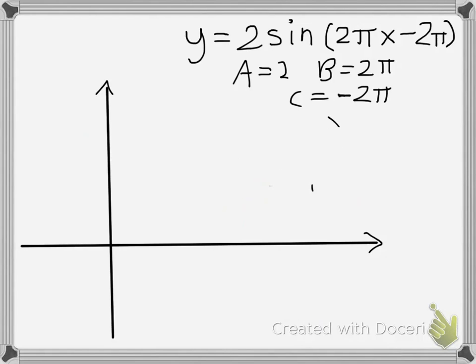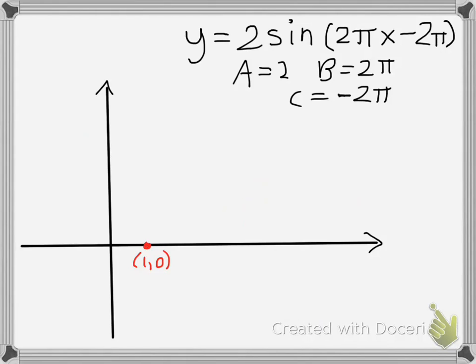So this wave starts 1 unit away from the origin, so let's draw that. So this point must be 1, 0. So the wave starts at 1, 0, 1 unit away from the origin: minus c over b, minus minus 2 pi over 2 pi, is 1.